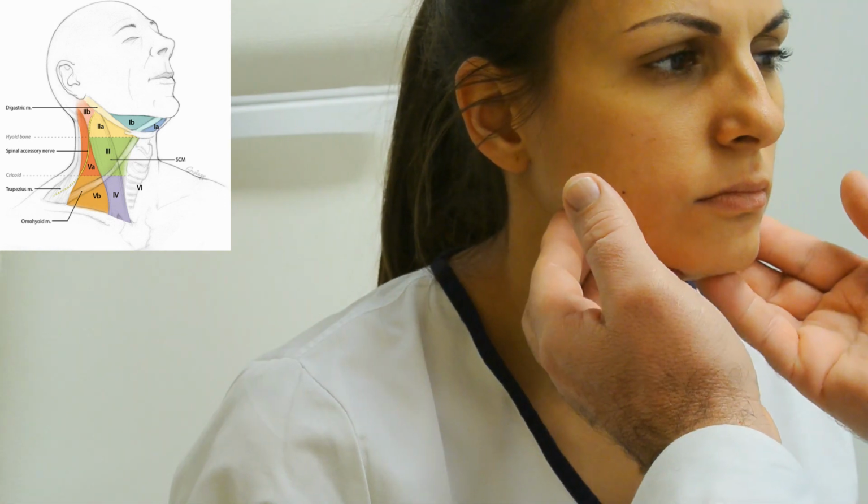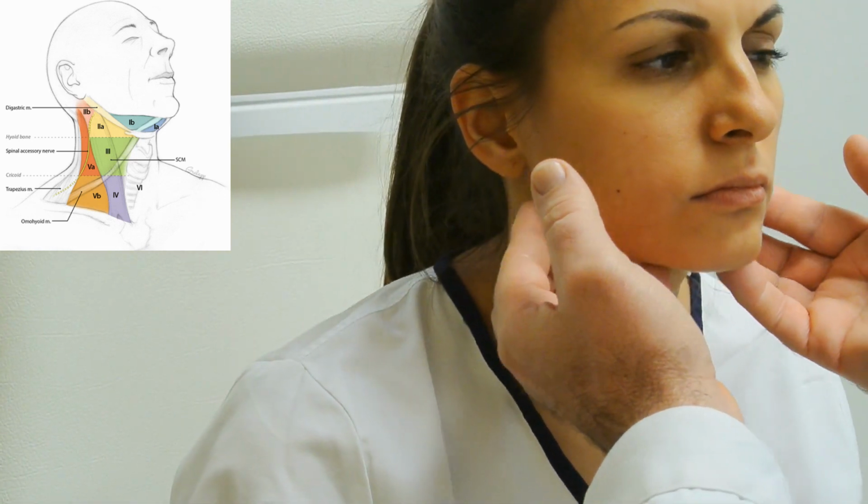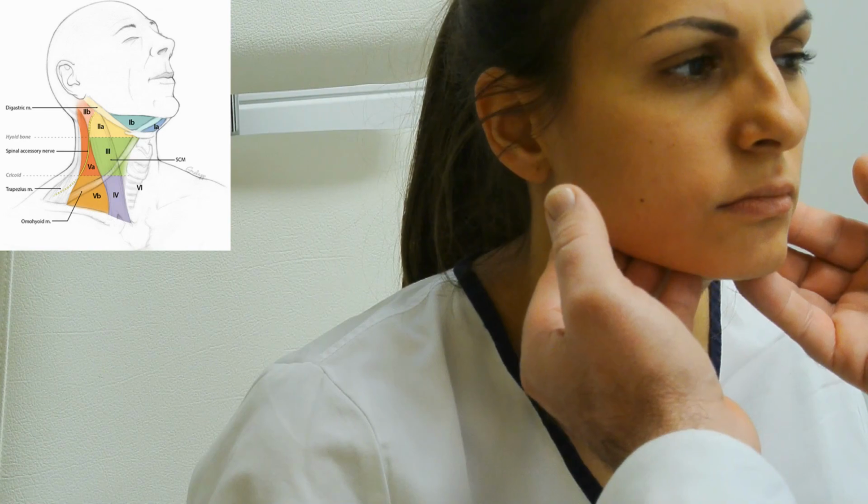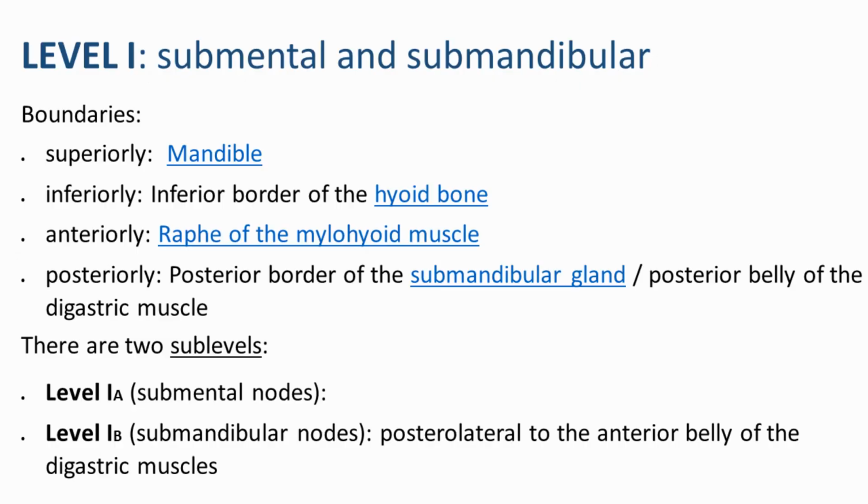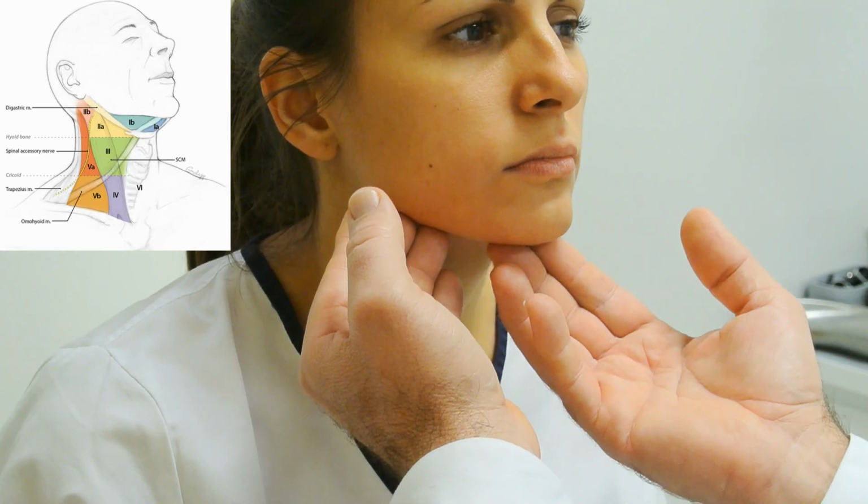Next, we should palpate the submandibular and submental regions. These are level 1. Mandible, hyoid bone, and the mylohyoid muscle form the boundaries of this region.